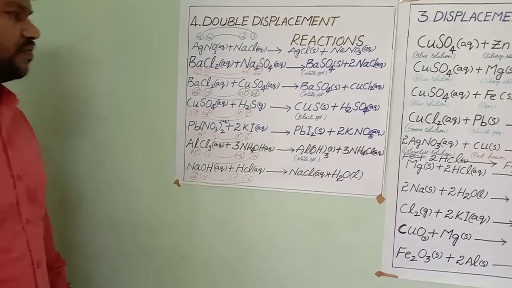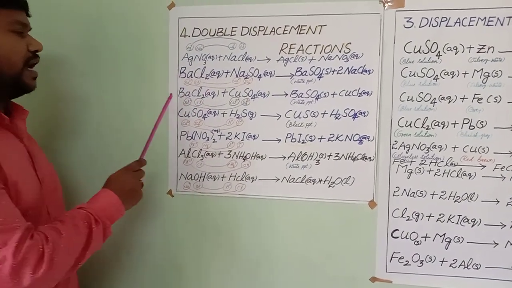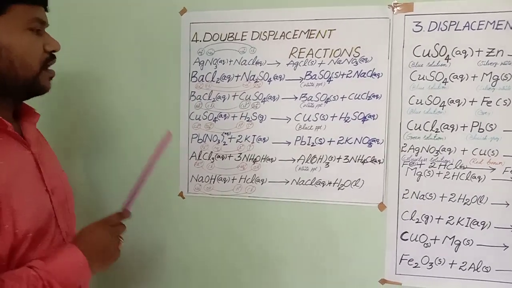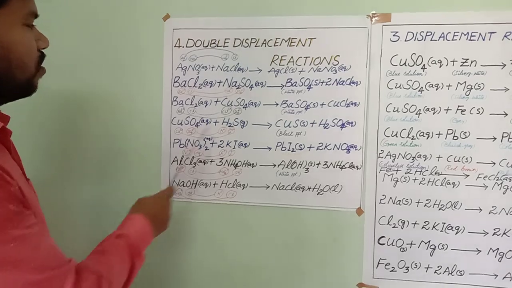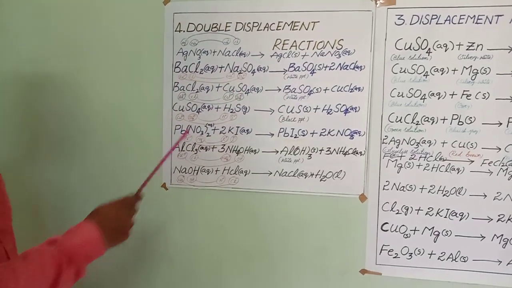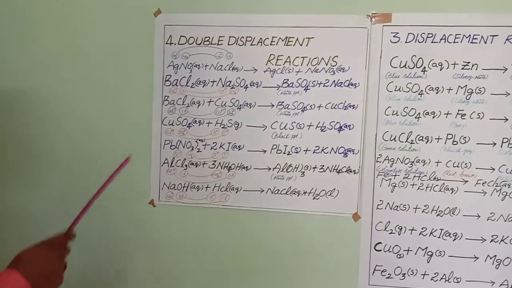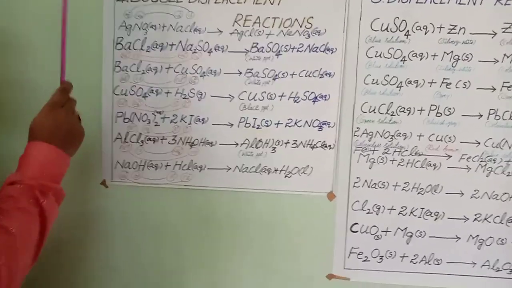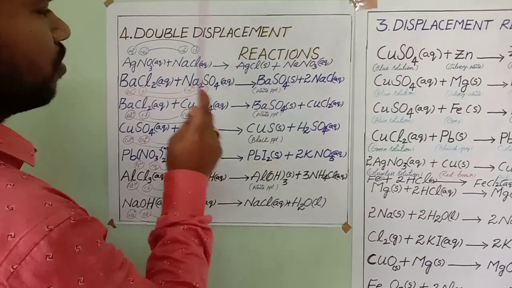One more example we will discuss now, barium chloride. Again we have taken in one test tube aqueous solution of barium chloride, and in another test tube copper sulfate solution, blue colour copper sulfate solution. When we mix these two chemicals together, again they mutually exchange their ions to form barium sulfate and copper chloride.